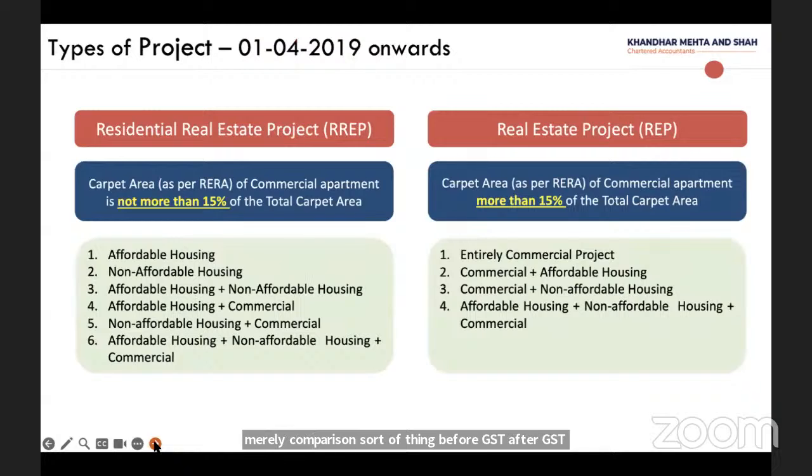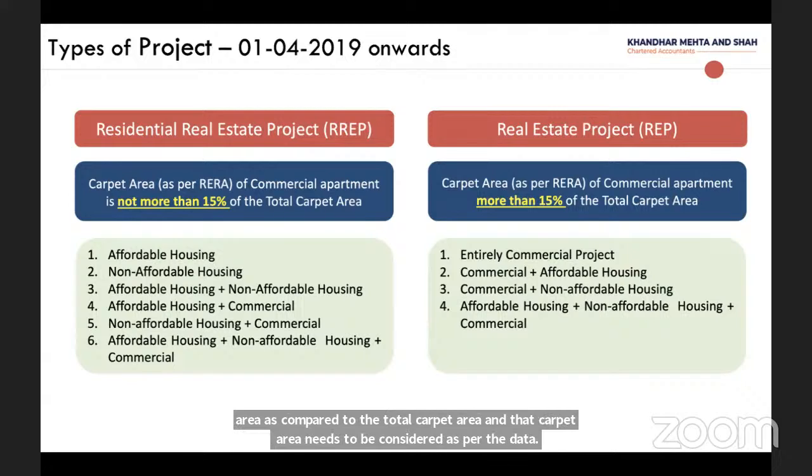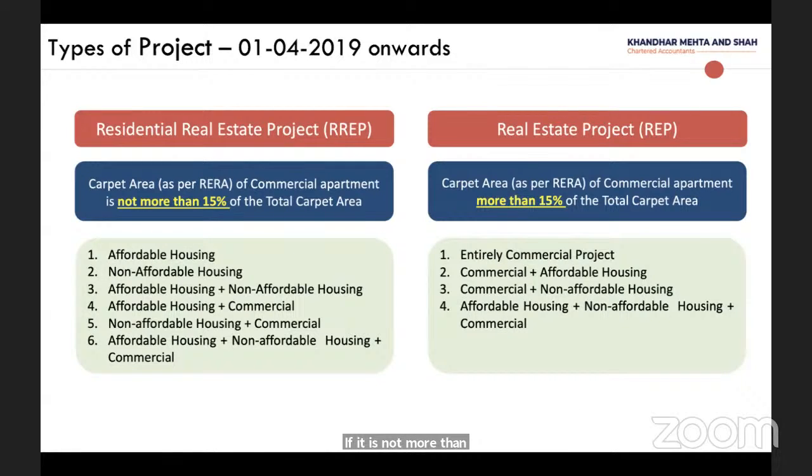Now, what happened after 2019? They came out with new definitions. They defined every real estate project into two parts: one is residential real estate project, and another is real estate project. The differentiation they made, as per notification 3/2019, is that if the commercial apartment area, as compared to the total carpet area, which needs to be considered as per RERA, is not more than 15%, then it will be considered a residential real estate project, RREP.